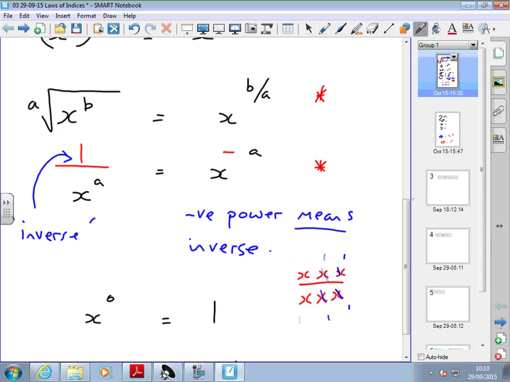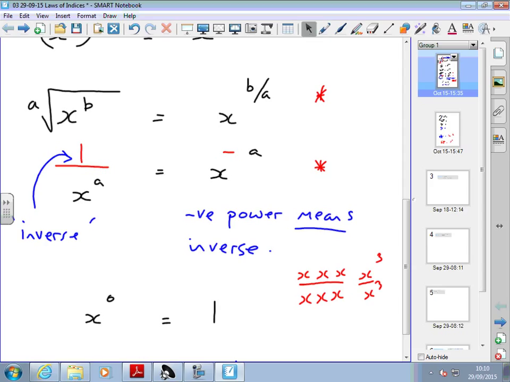And it doesn't matter what x is, if I've got the same power top and bottom, I'm going to have 1 as the answer. And if you think about the second law of indices, x cubed divided by x cubed is x to the 3 minus 3, which is x to the 0. So anything to the power 0 is 1. And that's the proof.